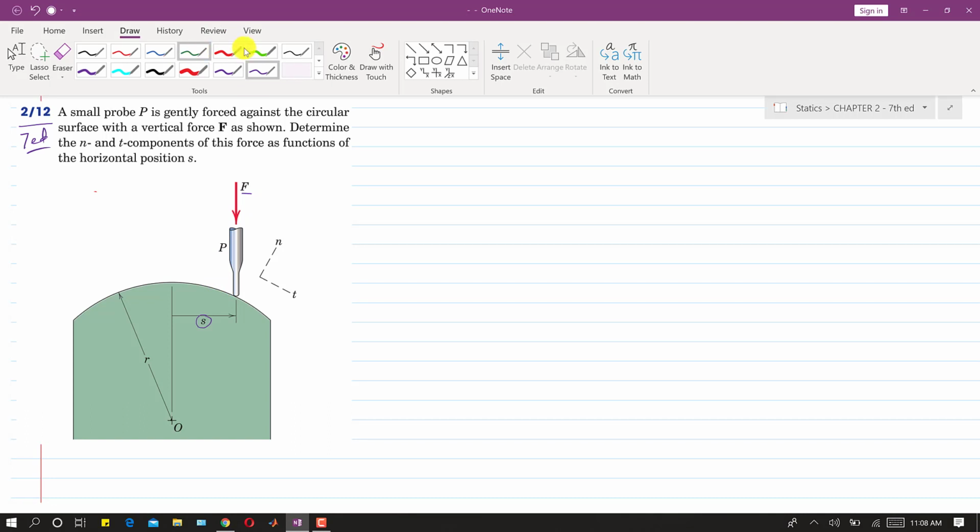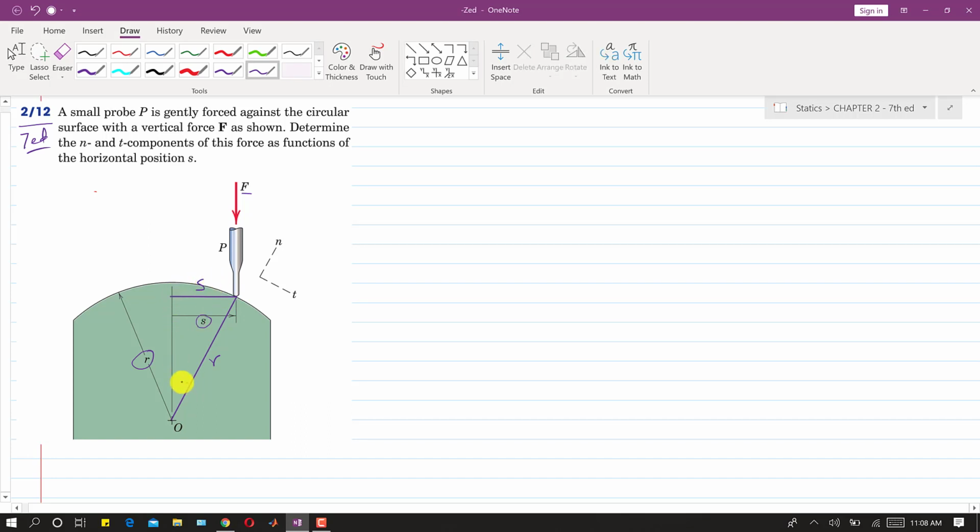So how to solve this? Let me draw this line. Let's say this line is equal to the radius, so this is R. Now let me draw another line, and the length of this line is S, right?